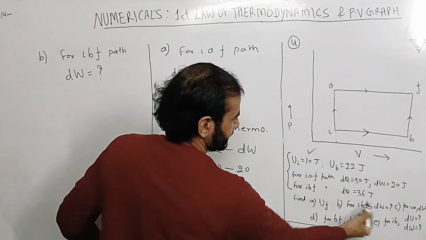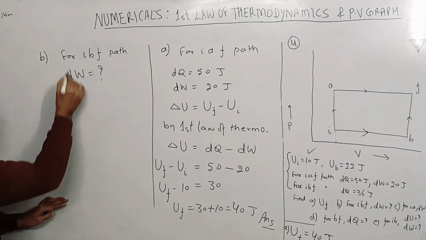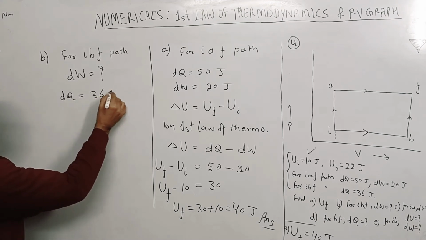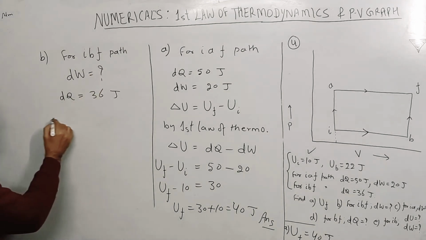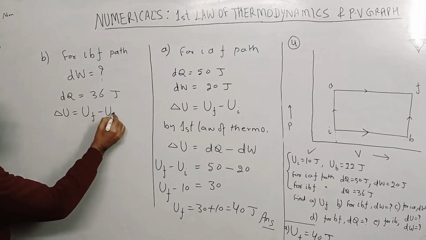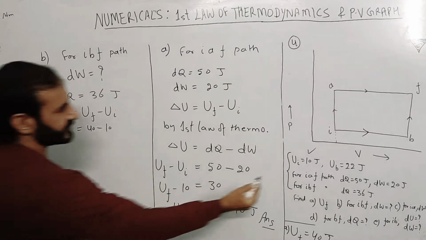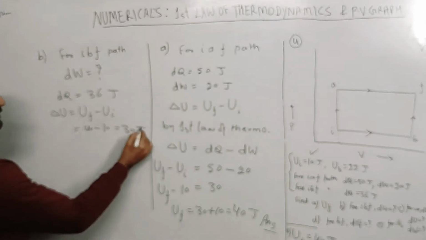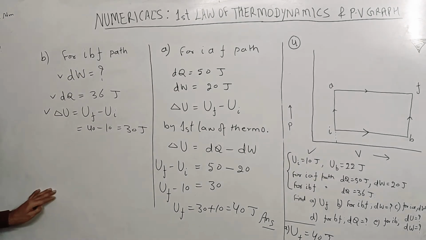For this path, dQ is given, which is 36 joule. And delta U, that is UF minus UI, UF 40 minus UI 10, is 30 joule. So you have delta U, you have dQ, you have dW. Apply first law of thermodynamics.